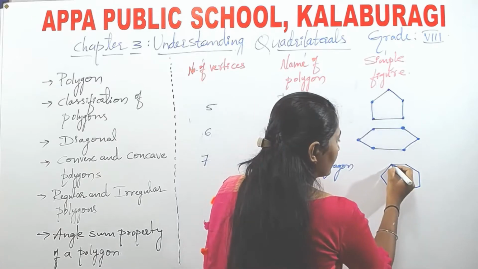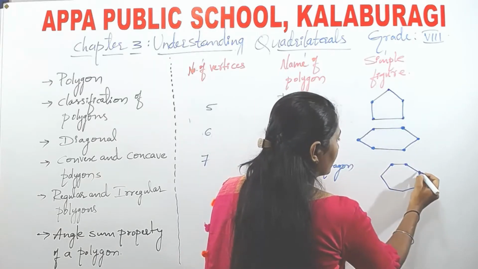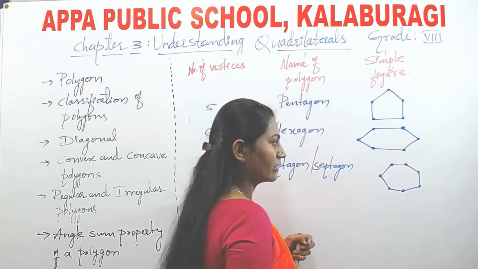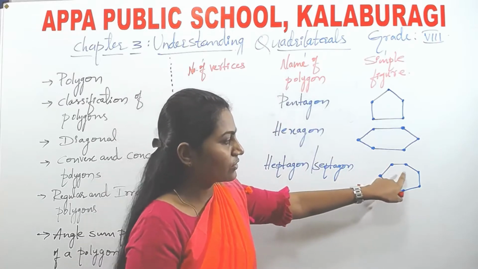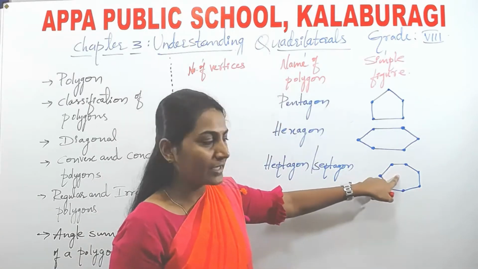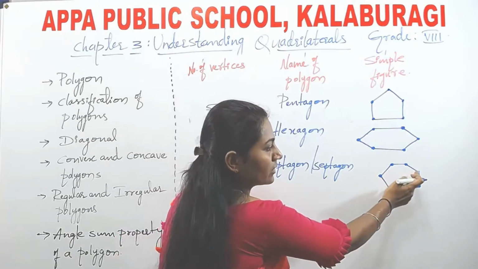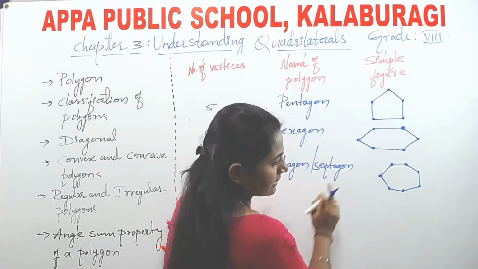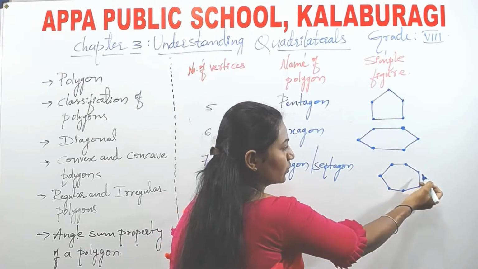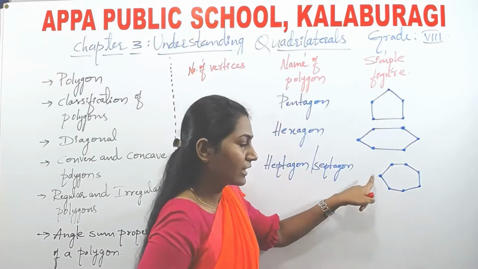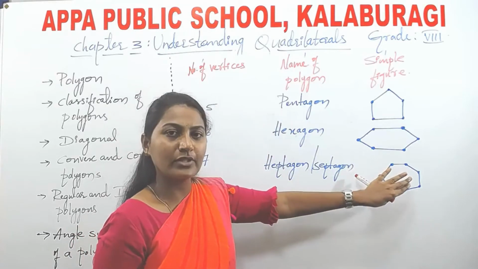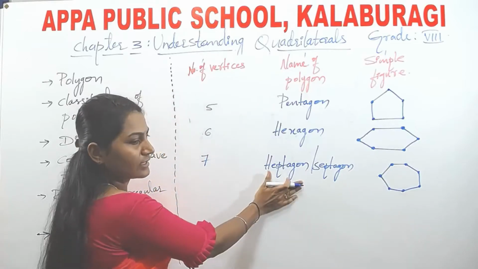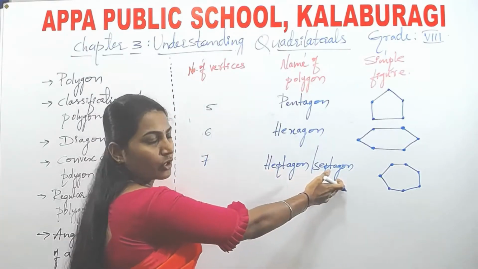You can check the vertices: 1, 2, 3, 4, 5, 6, and 7. There are 7 vertices, and also 7 line segments, or sides. A polygon with 7 sides is named a heptagon or septagon.